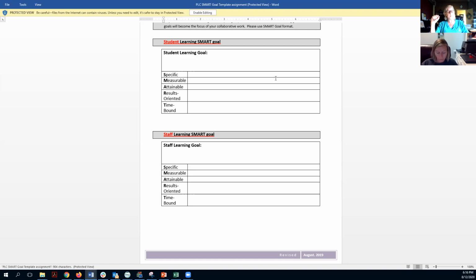So 100% of the teachers at Johnson Elementary School will attend professional development on professional learning communities at least 5 times during the 2020-2021 school year. Okay. So we've got the specifics. They have to attend professional development. It's measurable because we want 100% of the teachers to hit and go to those 5 different sessions.